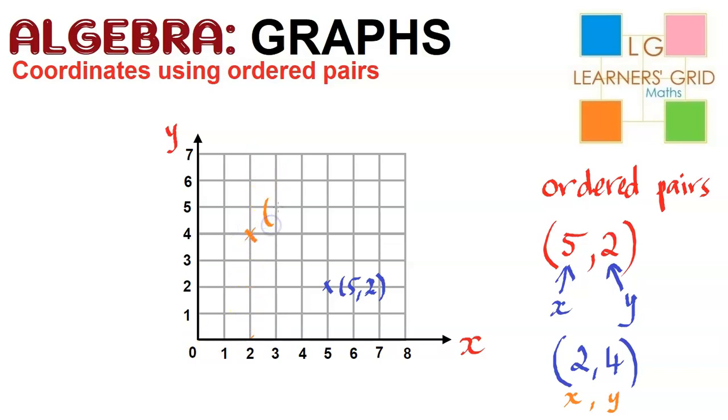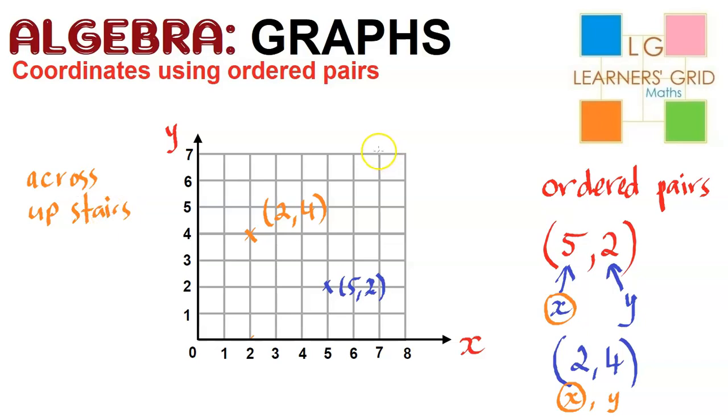And this is the point 2, 4. Remember, the x-axis is the first movement you make, and then you do the y-axis. And you might want to remember it like, first of all, you go across the hallway and then up the stairs. Something like that. Across and then up.